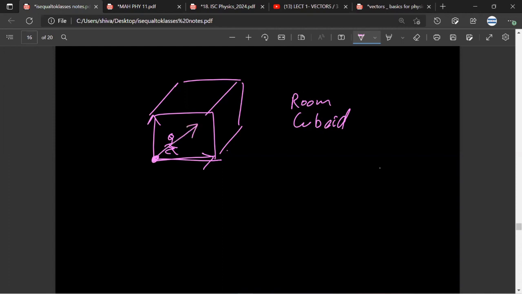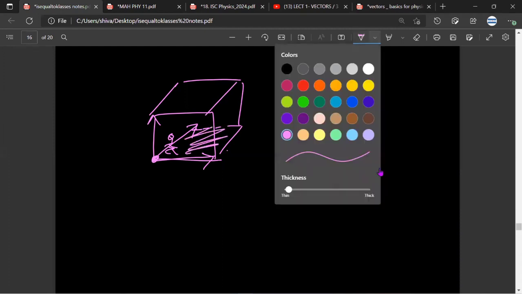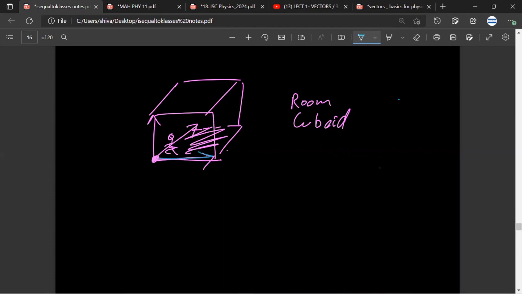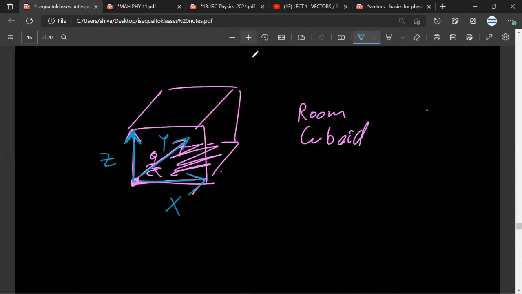For example, if this is the base of the room, this edge can be called the x-axis, this edge can be called the y-axis, and this edge which is pointing towards the roof would be called the z-axis. Are we okay till here? The more you can imagine, the better the understanding of vectors would be.